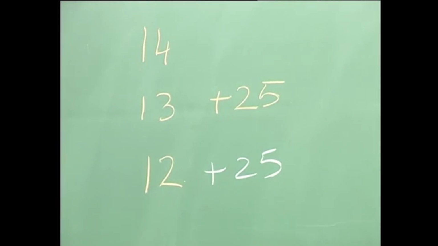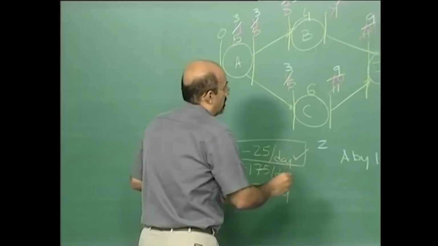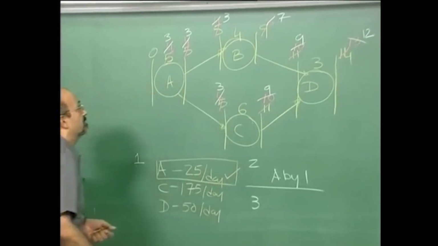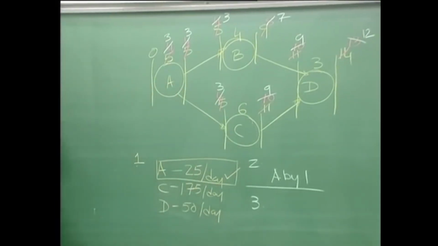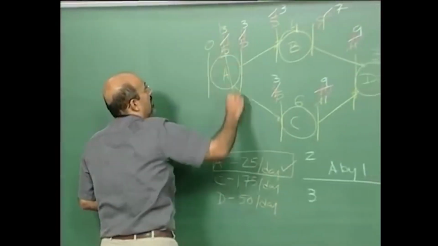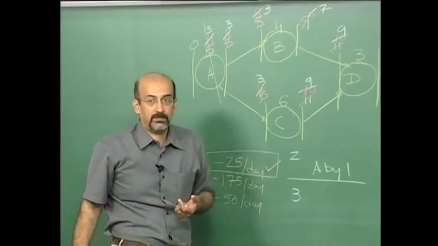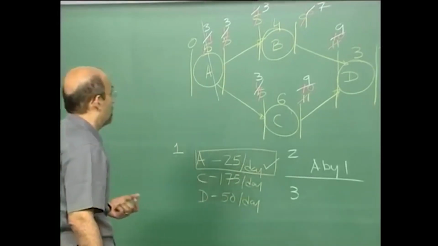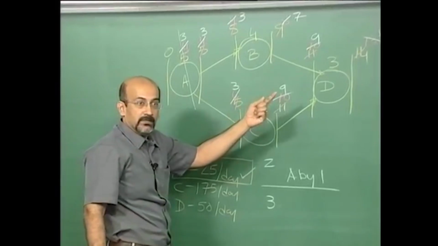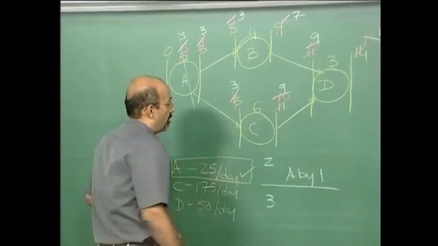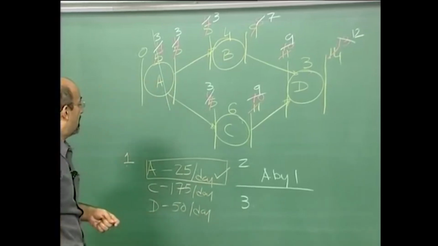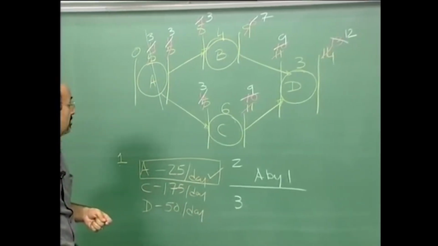Now I want to go to my third step. What are my options? What has happened to A now? A is fully crashed, so I cannot touch A. Three days is the duration in which we have to do it. Now my critical path is going through ACD, and my options are either C at 175 or D at 50.